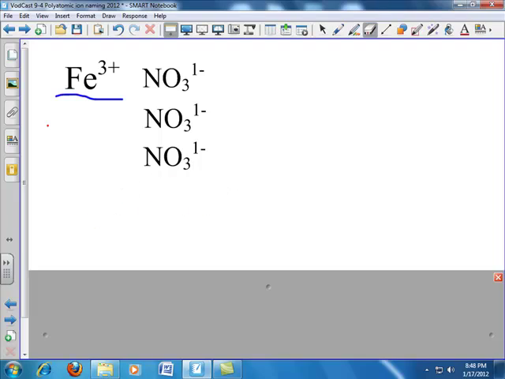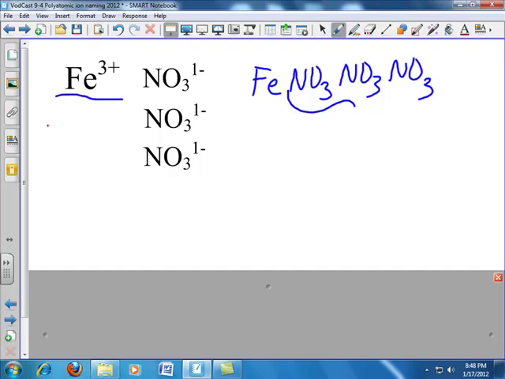But then how do I write this in a formula? Do I write Fe NO3 NO3 NO3? No, we wouldn't do that. That would be very redundant. So how do I show that I have 3 NO3s?